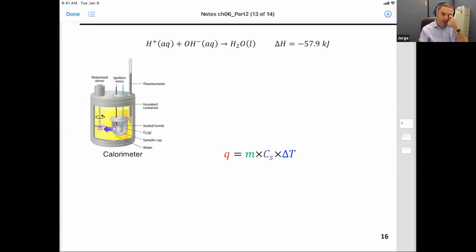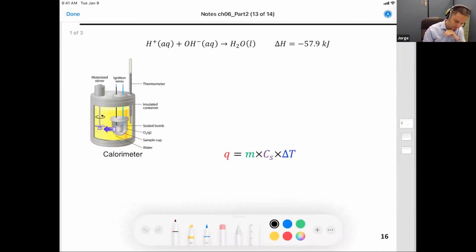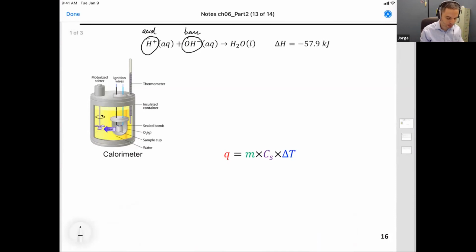All right, so let's use a very simple reaction for our example. It's basically a neutralization reaction. So we have here an acid represented by H plus reacting with a base represented here by OH minus.